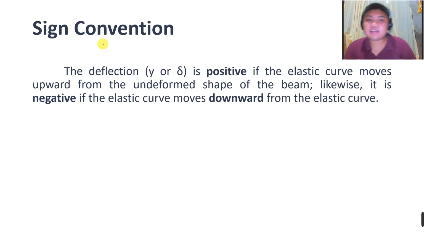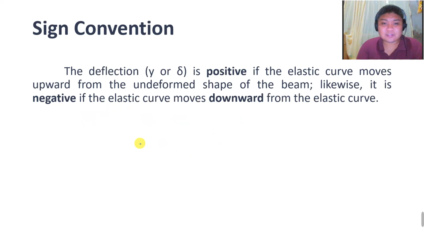However, for the sign convention of deflection, mas madali ito. Kapag yung pag-deflect, class, ay paangat, so the deflection is positive if the elastic curve moves upward from the undeformed shape of the beam. Likewise, it is negative if the elastic curve moves downward. So, napaka-common sense nito, class. Halimbawa, ito yung beam natin. Dalawang beam ang i-consider natin.